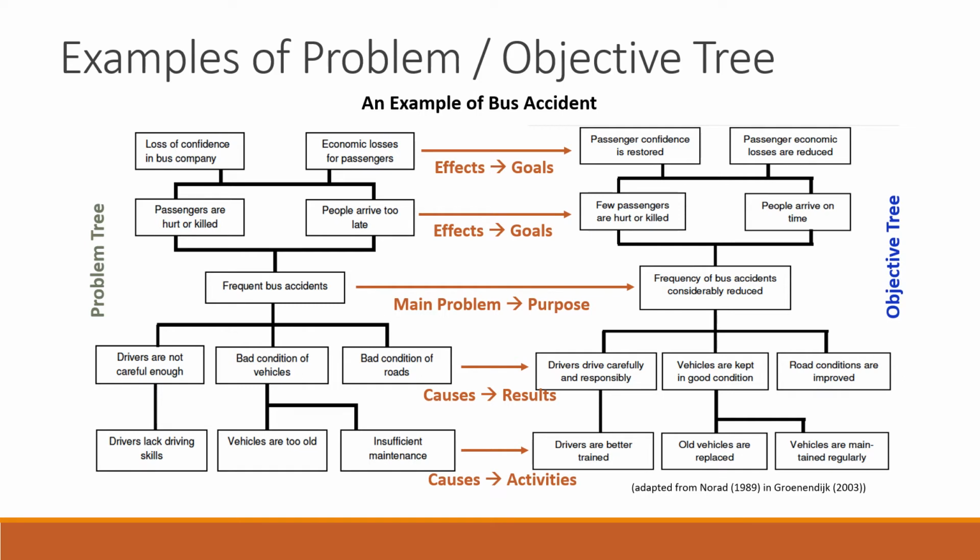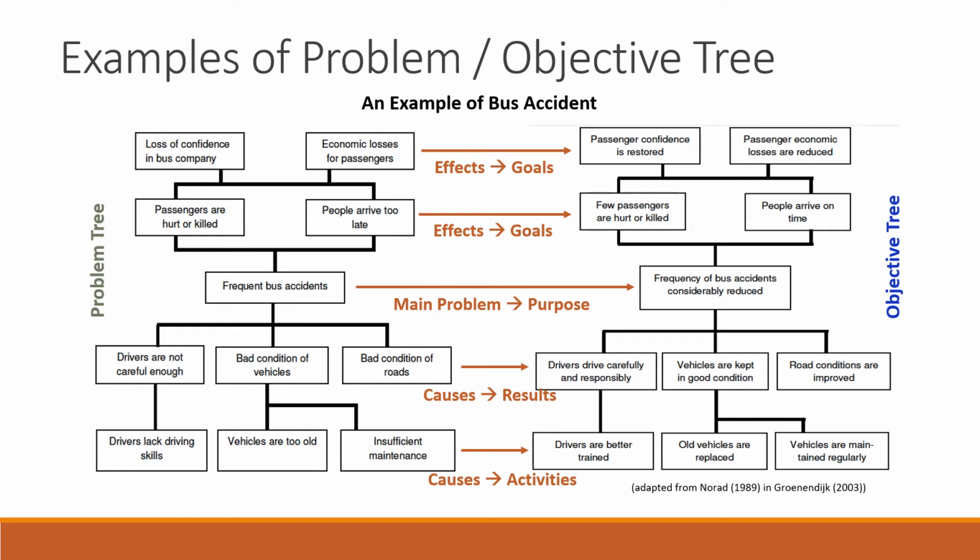And each of these root causes includes another subcause. For example, one of the causes of frequent bus accidents could be drivers are not careful enough. And what is the cause of that? It's that drivers lack driving skills.